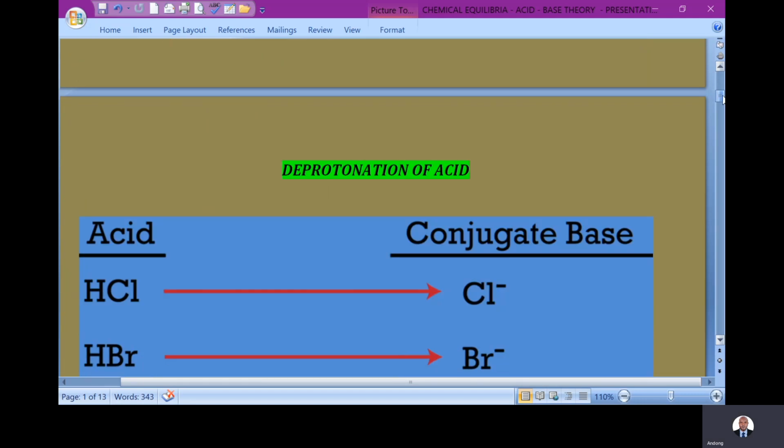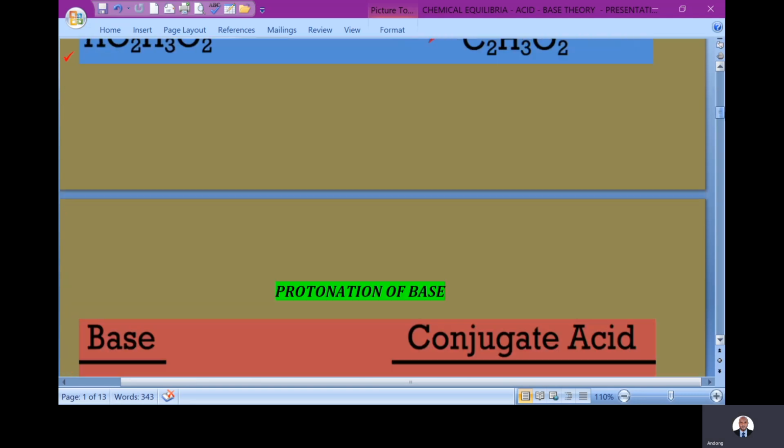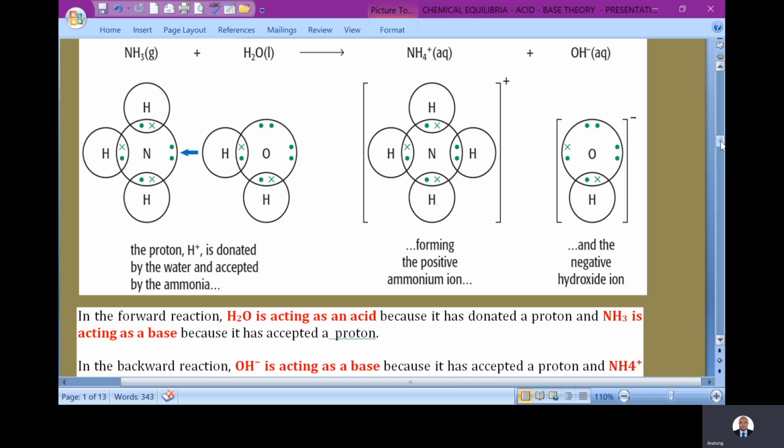He went forward to demonstrate it, using an example of ammonia and water to give ammonium ion and hydroxide ion.